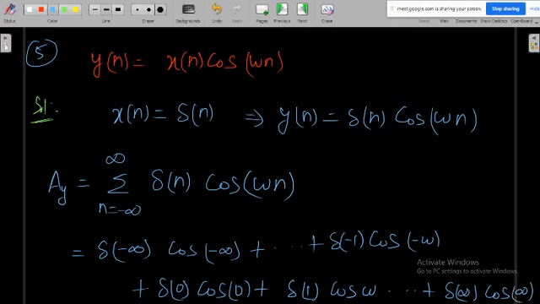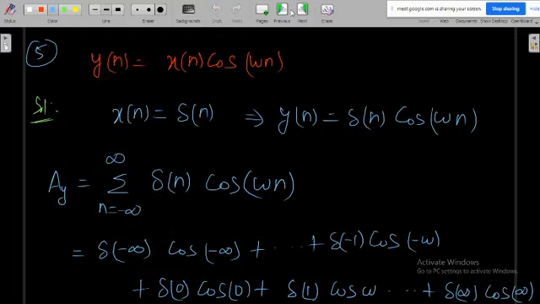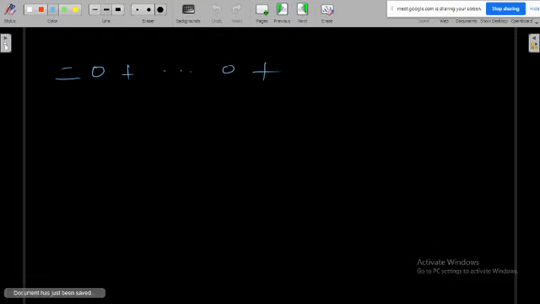Again we know, except delta 0, inside 0 is there, then only delta will provide the value of 1; otherwise in all other cases the value will be 0. Delta of minus infinity is 0, minus 1 is also 0, delta of 1 is also 0, so everything is 0 except that middle term, delta 0 cos 0.